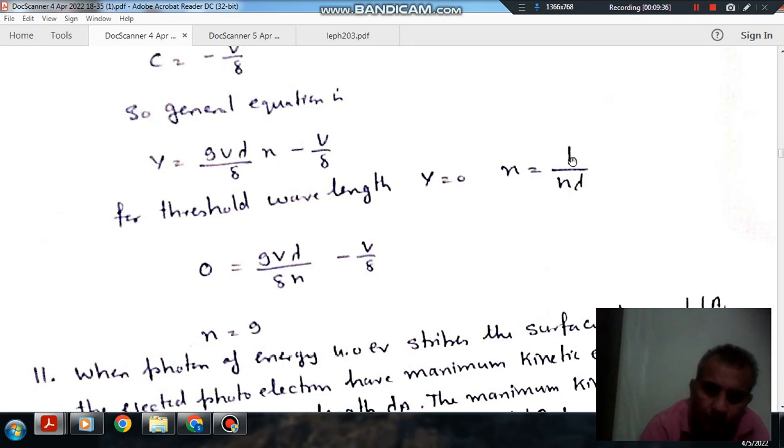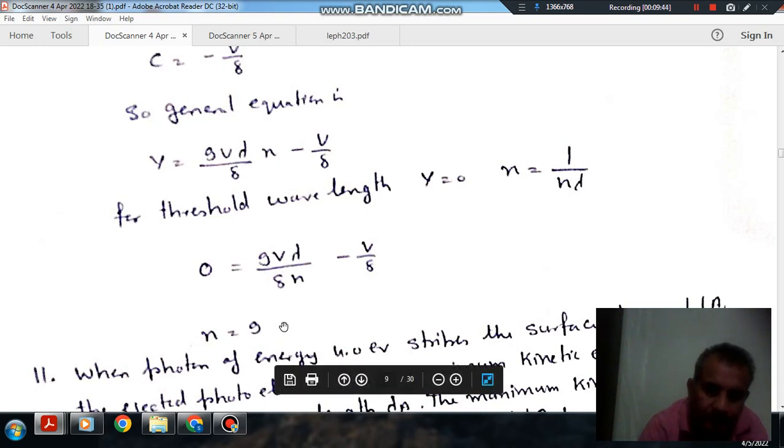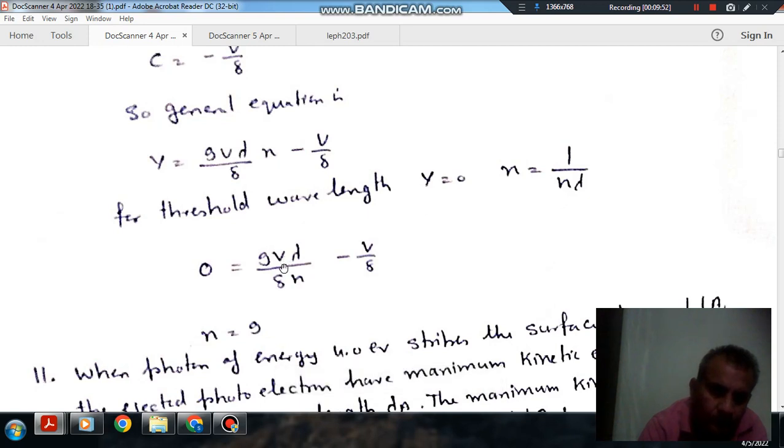So putting x equal to 1 by n lambda, lambda will cancel out, and then we can find the value of n as 9. Just putting in the values.